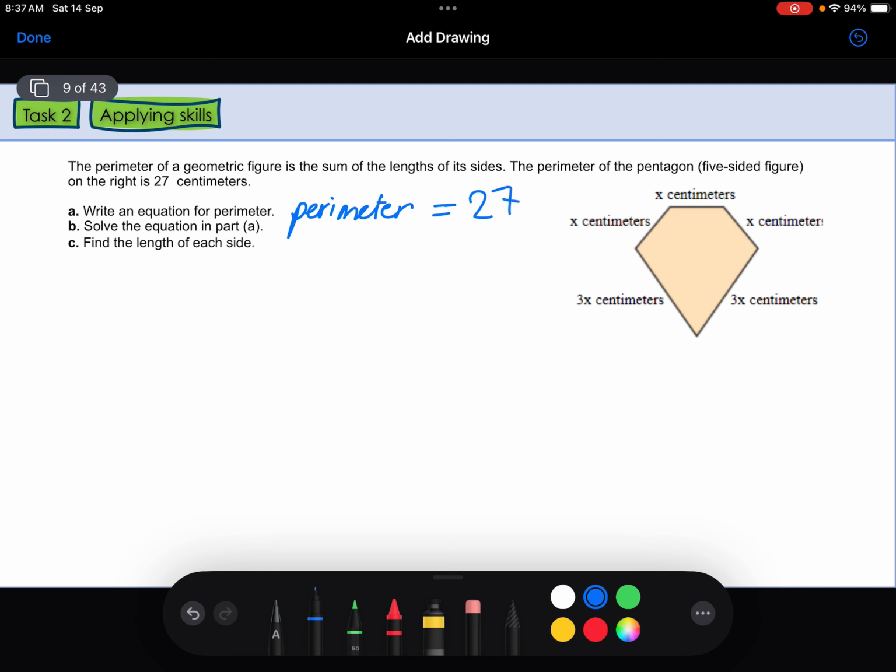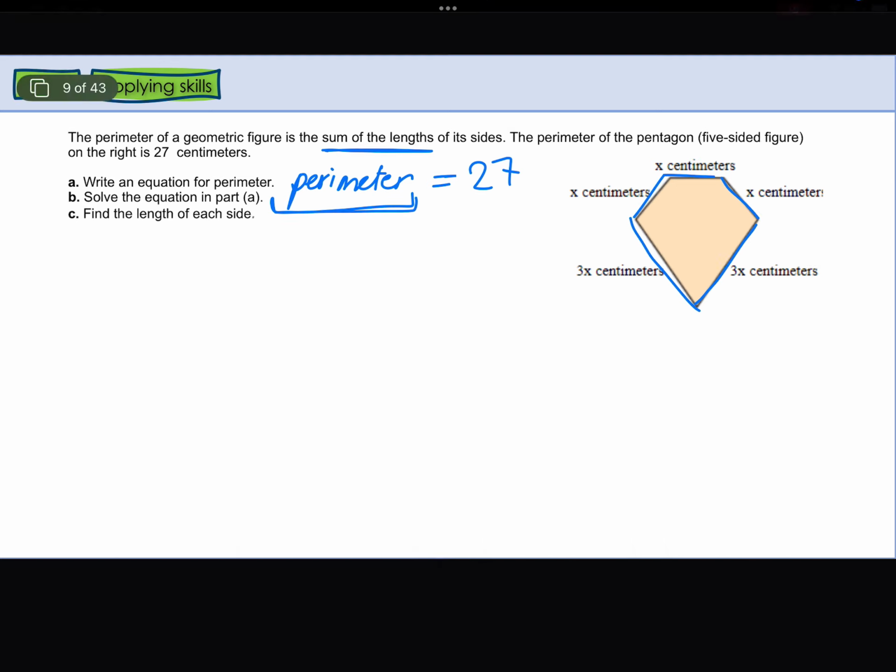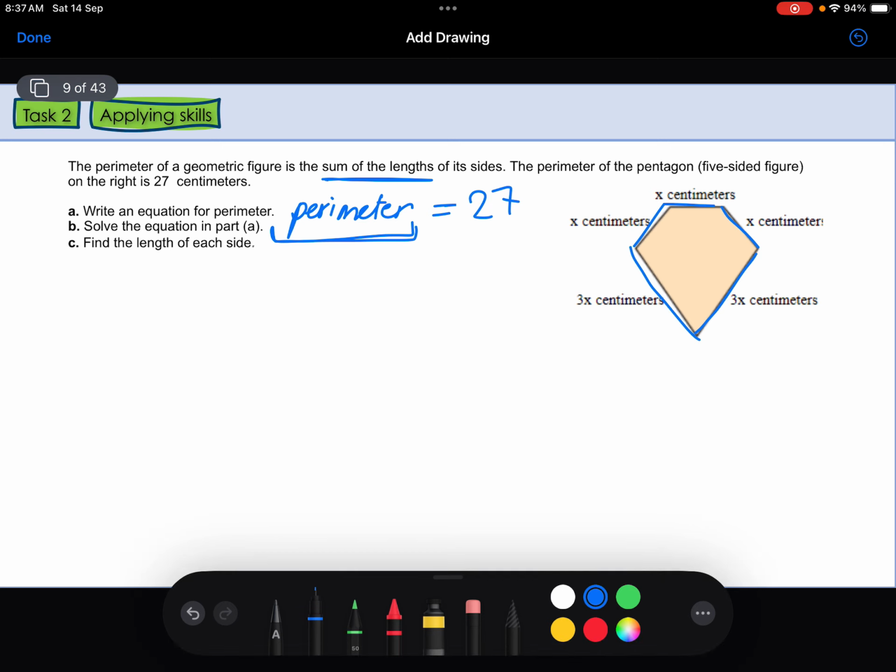Now I know that this thing is what? It's the sum of all length. So basically this length plus this length plus this length plus this length plus this one. If I add them all up, it's gonna be equal to 27. Let's add them up. So the first one is 3x plus x plus x plus x.